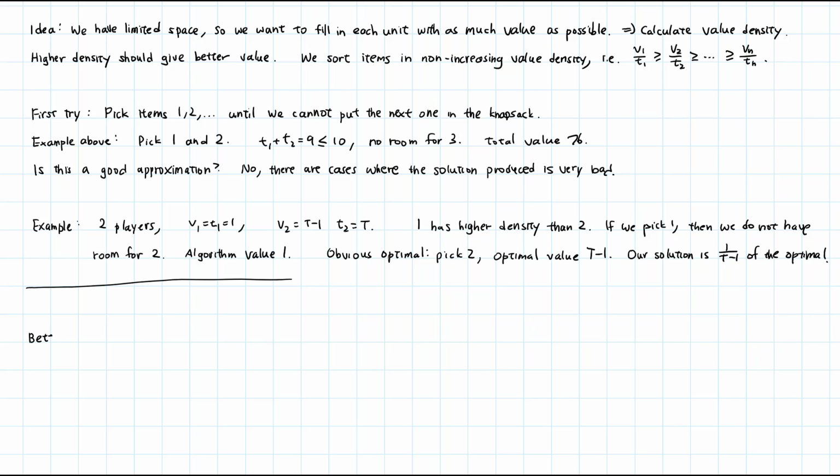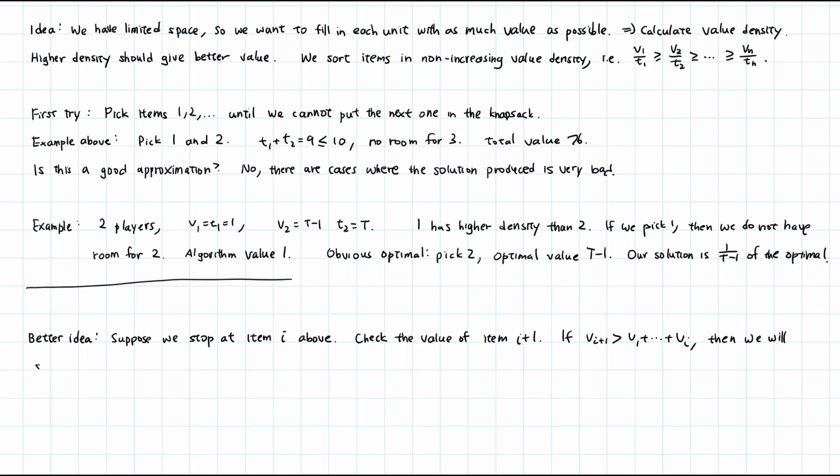So here is a better idea. Suppose we stop at item I in the algorithm above. We can check the value of the next item, I plus 1. If its value is strictly greater than the sum of all the items we have so far, then we will abandon all the items we have picked and pick only I plus 1.